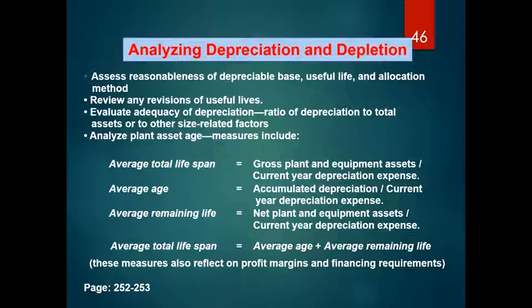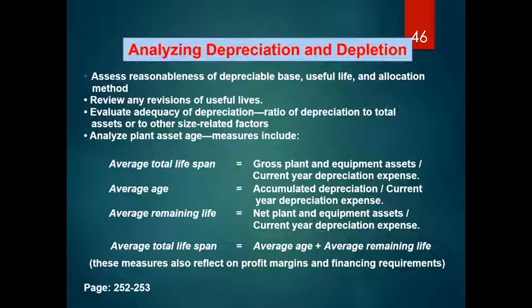So managers make decisions involving the depreciable base, useful life and allocation method. Therefore, by analyzing this depreciation depletion, it will help to assess the reasonableness of depreciable base, useful life and allocation method. It also helps to review any revisions of useful life and evaluate adequacy of depreciation.